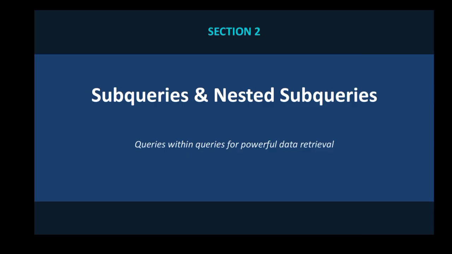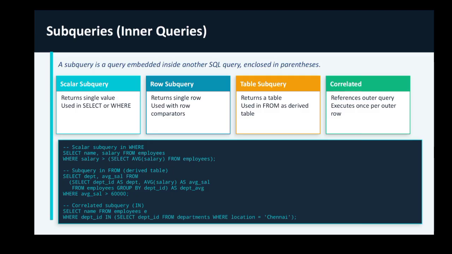We now move into one of the most powerful SQL constructs, subqueries, which allow us to embed one query inside another. A subquery is a query enclosed in parentheses within another SQL statement. There are 4 main types. A scalar subquery returns a single value and can appear in select or where.